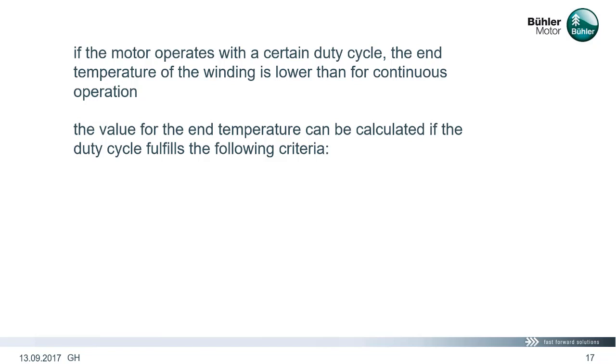The value for the cycle-based end temperature can be calculated if the duty cycle fulfills the following criteria. On time is less or equal off time, and on time is less or equal the thermal time constant tau th.